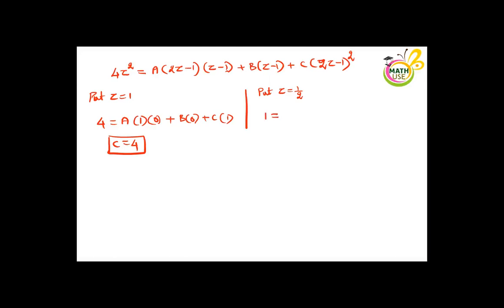You get 1 is equal to A into (2z − 1), where 2 into 1 by 2 is 1, 1 minus 1 is 0, then minus 1 by 2, plus B into (1 by 2 minus 1), it is minus 1 by 2, plus C into (2 into 1 by 2 minus 1), which is 0, the whole square.